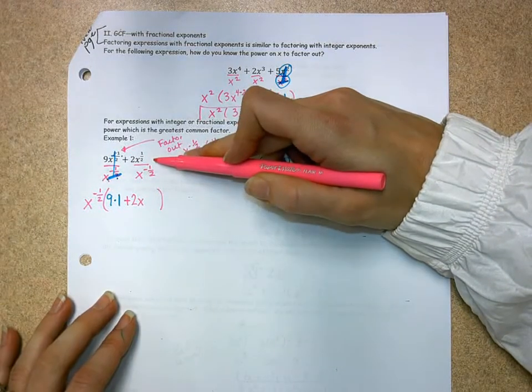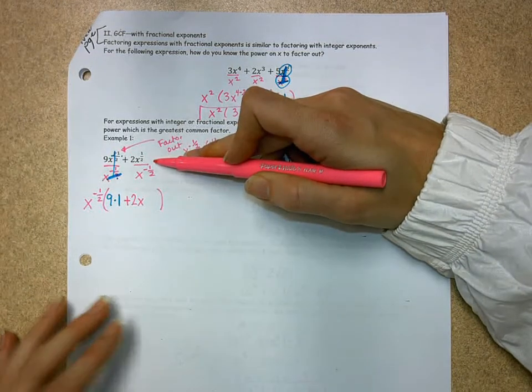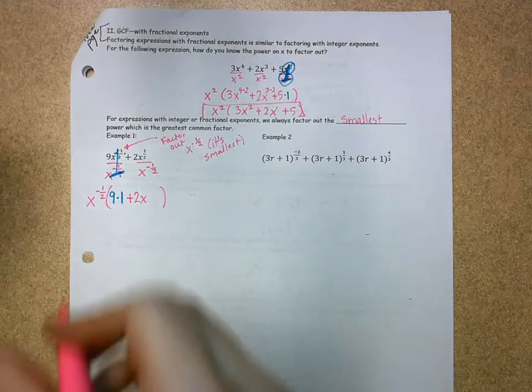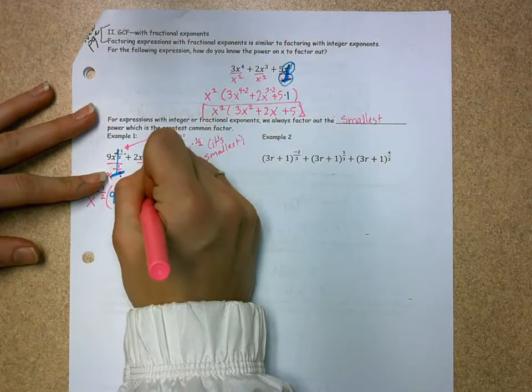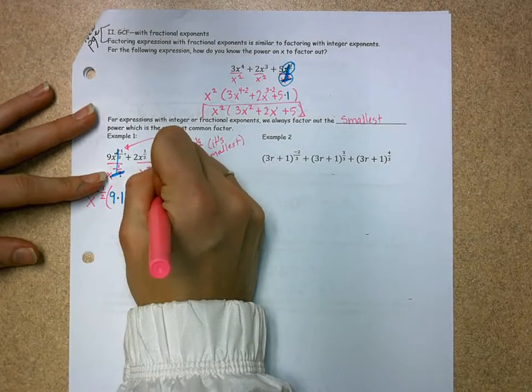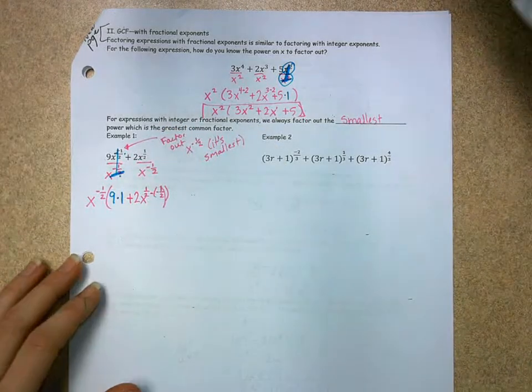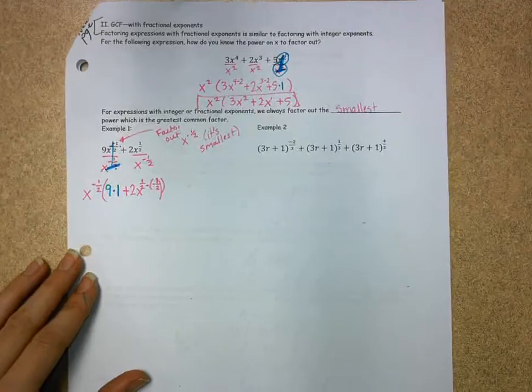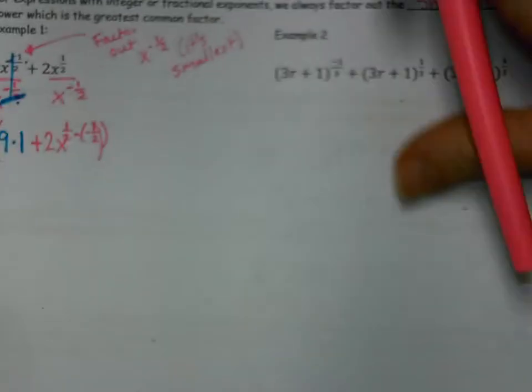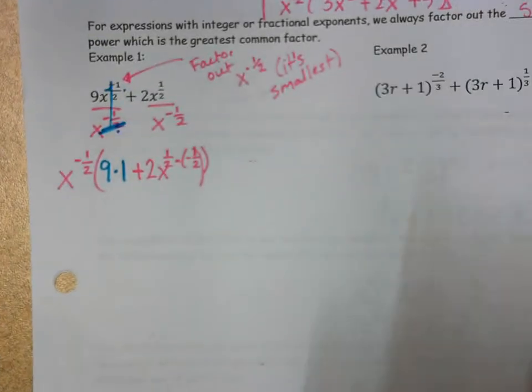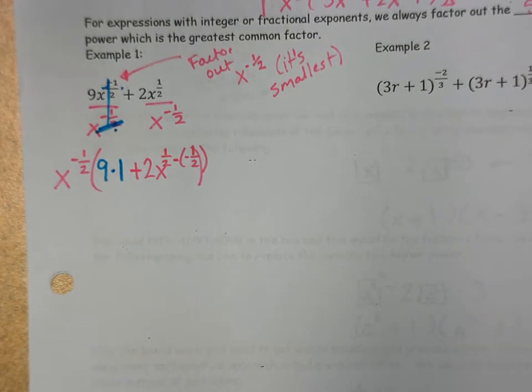What do you do with their exponents? You subtract them. Good. So I know I'm going to take 1/2 and subtract a negative 1/2. Let me zoom in on that a little bit. So 1/2 minus a negative 1/2. Okay, now we simplify this out.